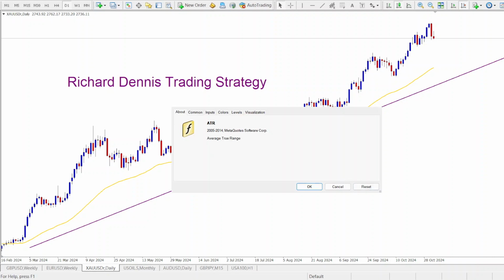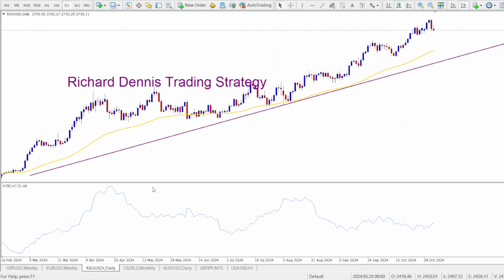So I'm just going to be adding the ATR indicator to the chart right away. This is another indicator that can be very useful because it helps to gauge market volatility. So understanding these indicators will help you make informed decisions about when to enter and exit trades.